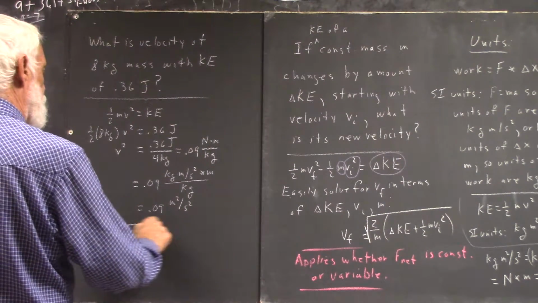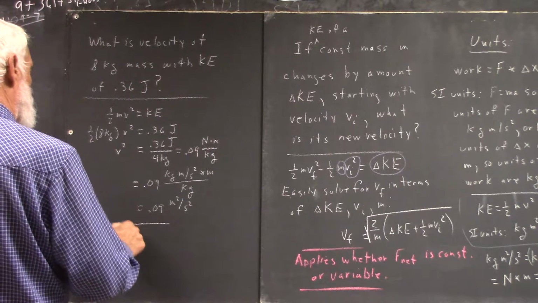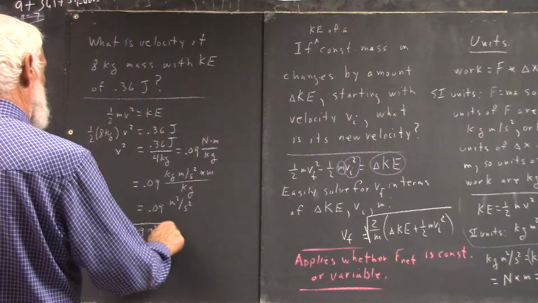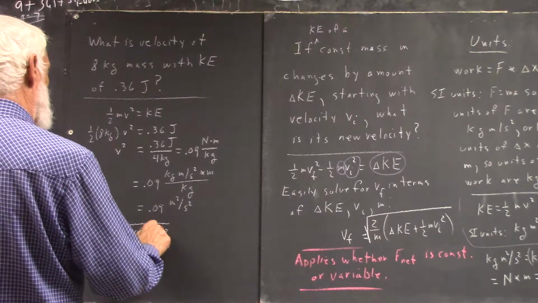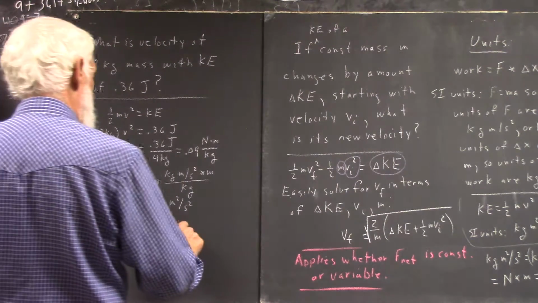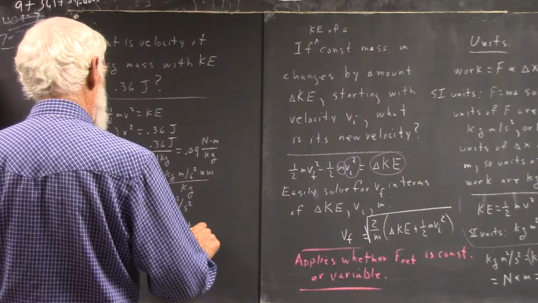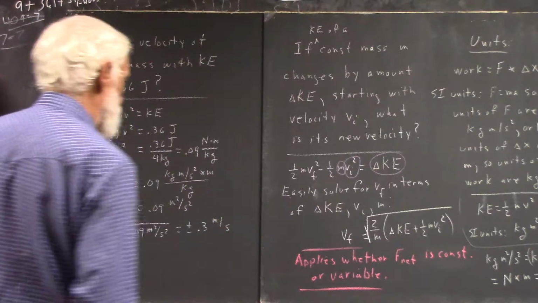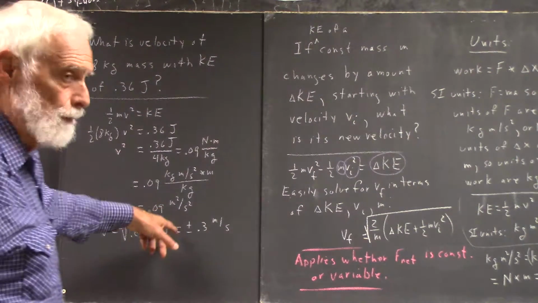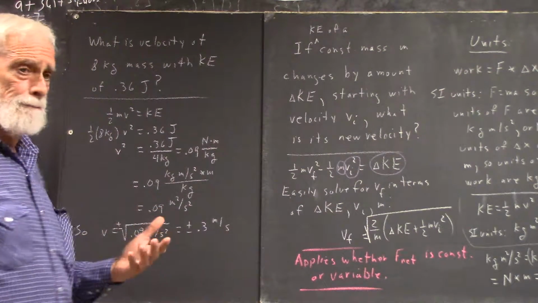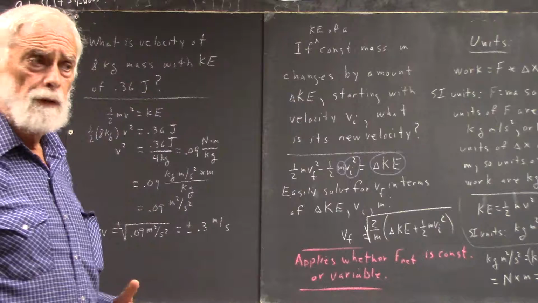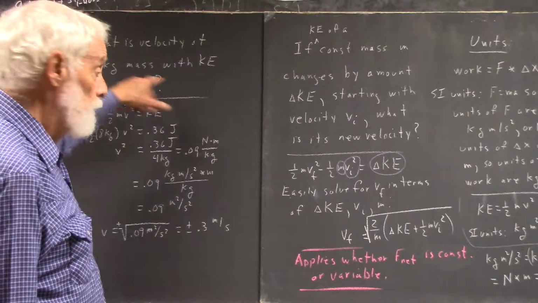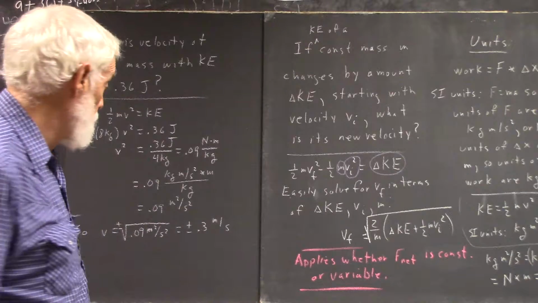So now V is going to be plus or minus the square root of 0.09 meters squared per second squared, which equals plus or minus 0.3 meters per second. And we have to have the plus or minus there because we don't know in what direction things are moving. This information doesn't tell us in what direction either of these objects is moving.